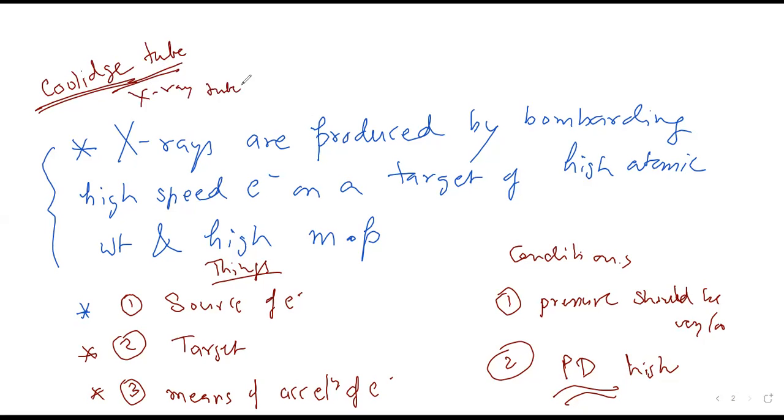It is basically the same as the electric discharge tube, but an advanced version, where it has a source of electrons, a target, and some means of acceleration of electrons.